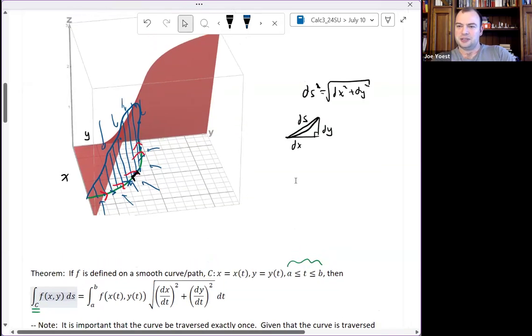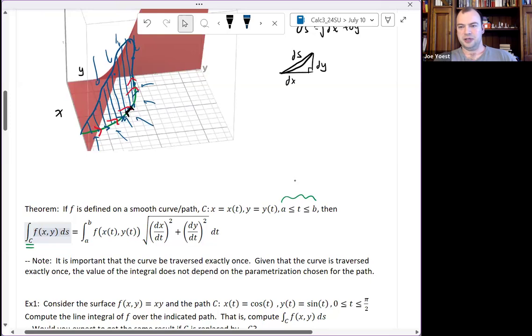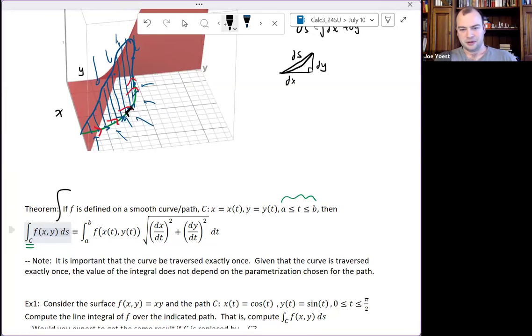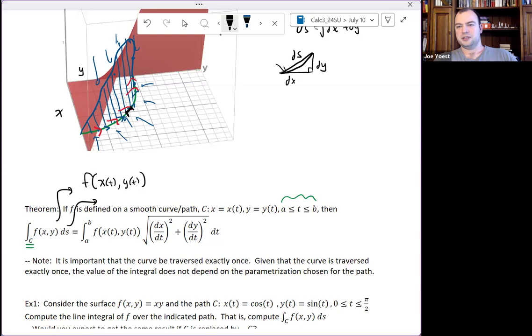But I do realize that t is really my independent variable here, right? If I think of this f, this is really f of x of t, comma y of t. And ds, this little chunk of arc length, well, this curve is parameterized by t.